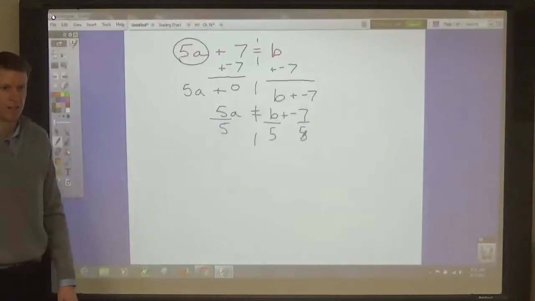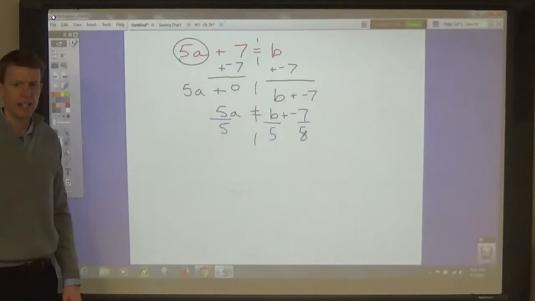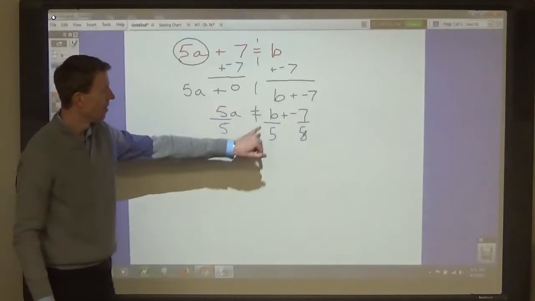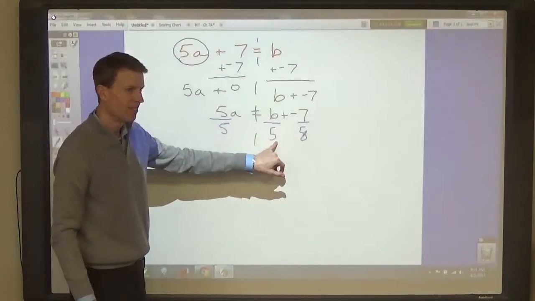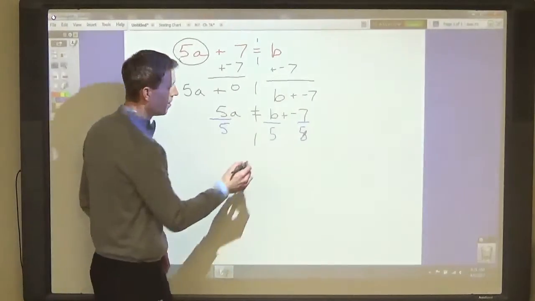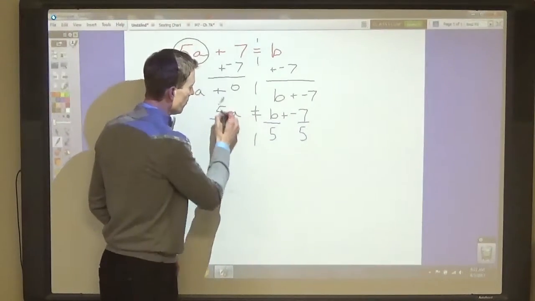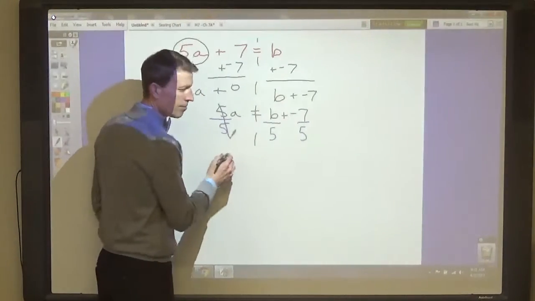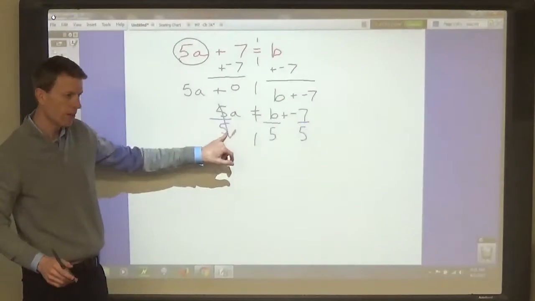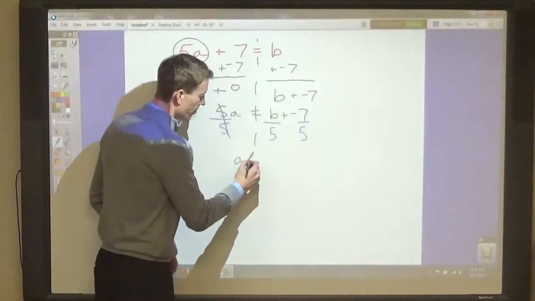Divide each term by 5. We can't divide b by 5, so that just stays b divided by 5. Cross off the 5's here. Whenever you divide by the number, cross it off.